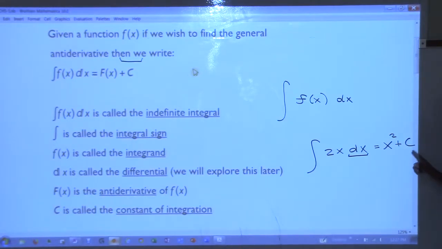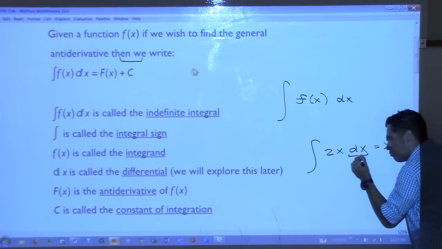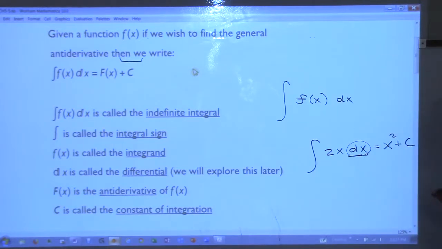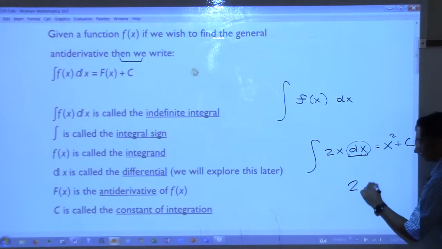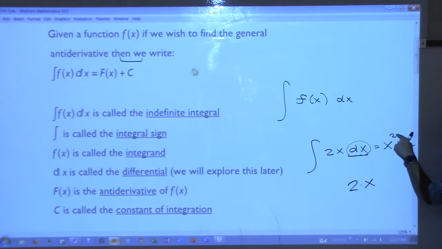I don't want to walk away from this without explaining what that is a little bit more. I'm going to ask you to take the derivative of this right now. What is the derivative of this? Let's go real slow. 2 would come out, right? 2 times x to what power? 1. Now the chain rule says times the derivative of the base. What's the derivative of x?